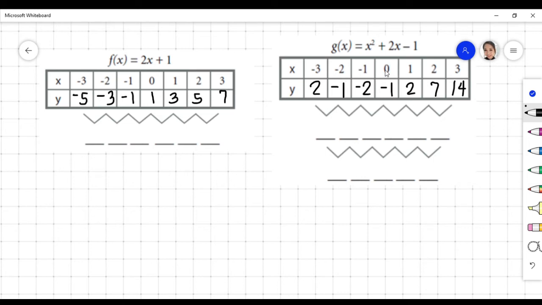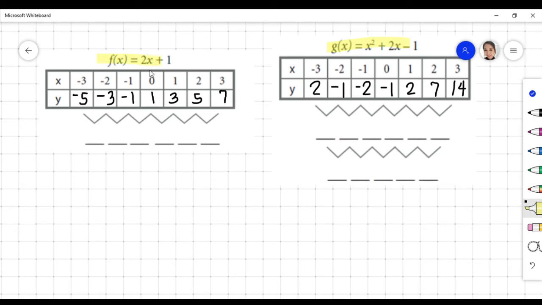The same here with g of x. These are the values of y as we substituted the values of x. Now, suppose the equations are not given, suppose we only have the table of values, how do we know?